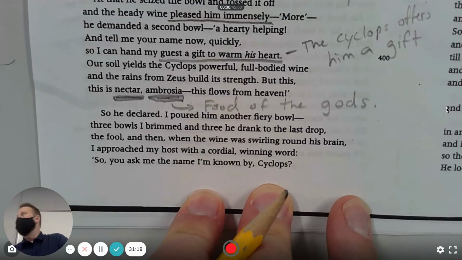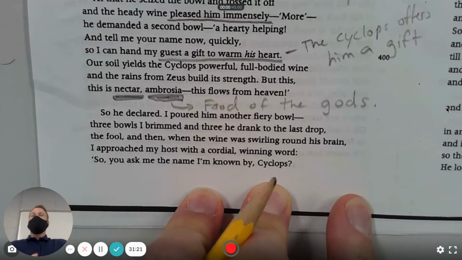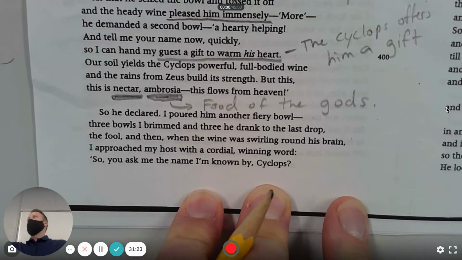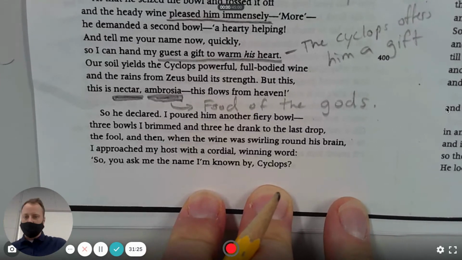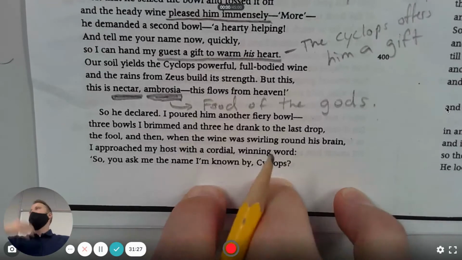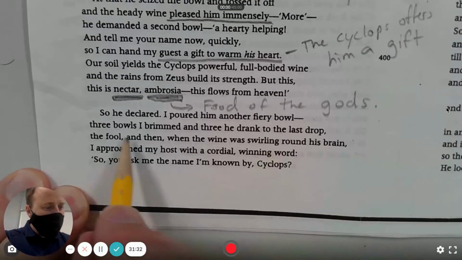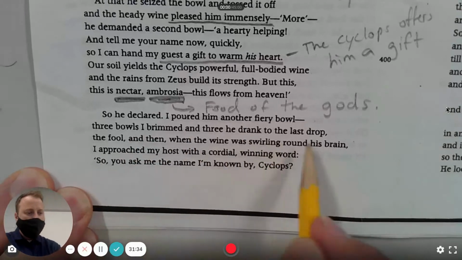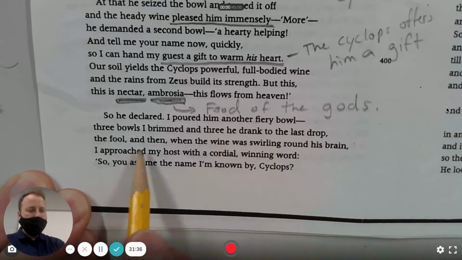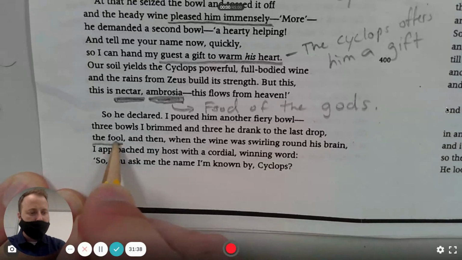And then 1 bowl would be like 5 glasses of wine. So this Cyclops has drank like hundreds and hundreds of glasses of wine. This is kind of what Odysseus' plan was, right? And so he's a fool for drinking so much.